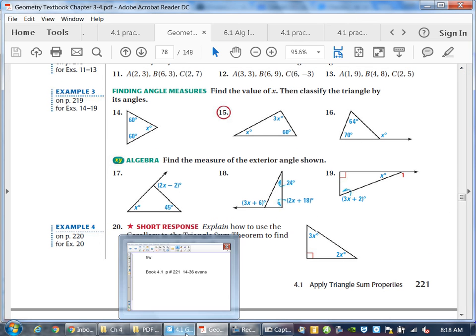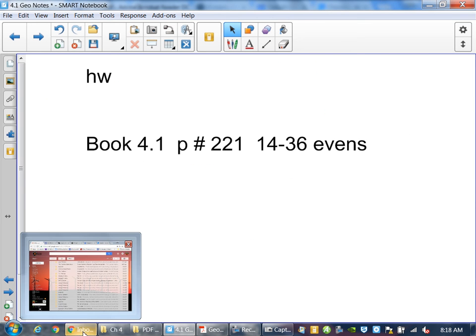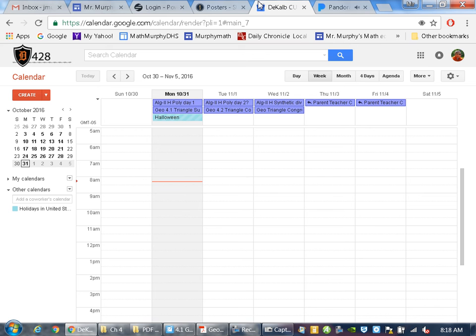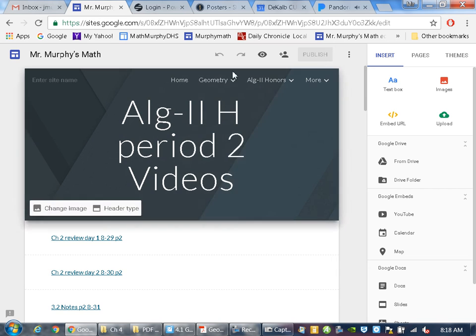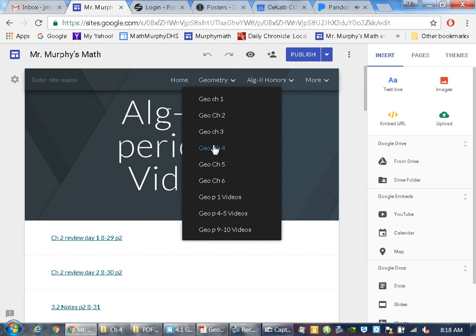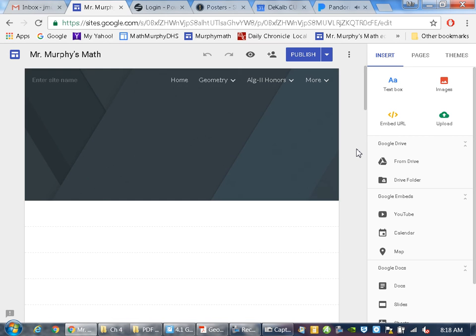So on the tab, when we go back to the good old book here, if you go back to the tab on the book, once this loads, click on chapter 4.